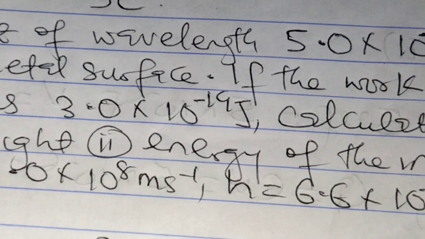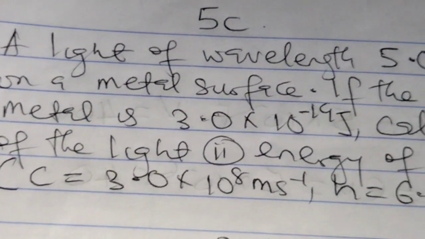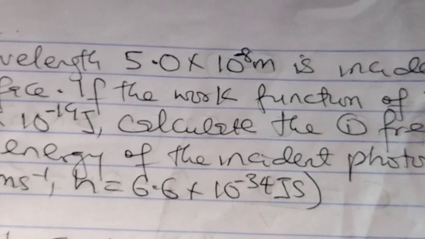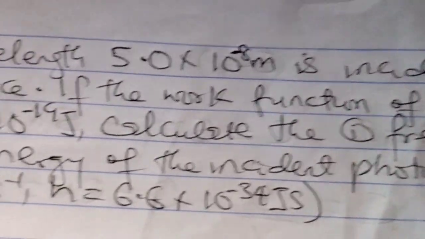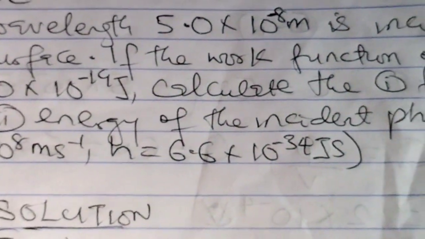Then 5C: a light of wavelength 5.0 times 10 to the power minus 8 meters is incident on a metal surface, full stop.